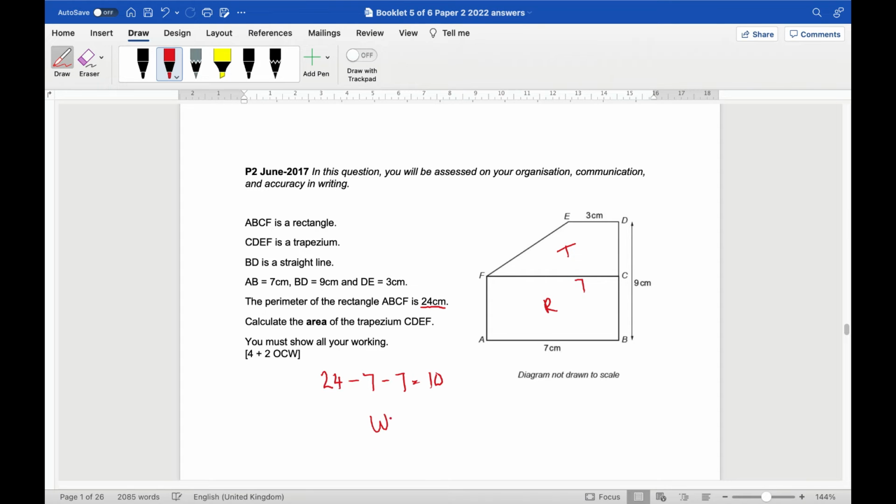Therefore, the width is 10 divided by 2. So they must be 5 and 5. And again, I drop marks because I've forgotten to write the units, and this is OCW. Right? But if that's 5 centimeters, then that must be 4 centimeters because they add up to 9. And I now have enough information to work out the area of the trapezium. I've got the top, I've got the bottom, I've got the height.